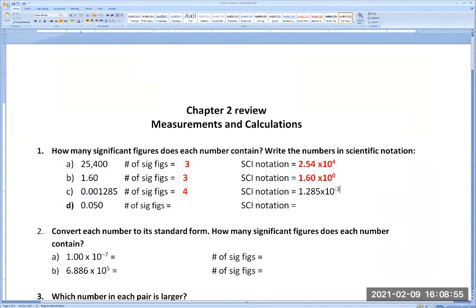Let me add the fact that negative exponent, like here, means that you're taking this number, 1.285, and the times 10 to the negative 3 means you are dividing 3 times by 10. And then you get back your regular notation. So if you take 1.285 divided 3 times by 10, you get back your regular number.